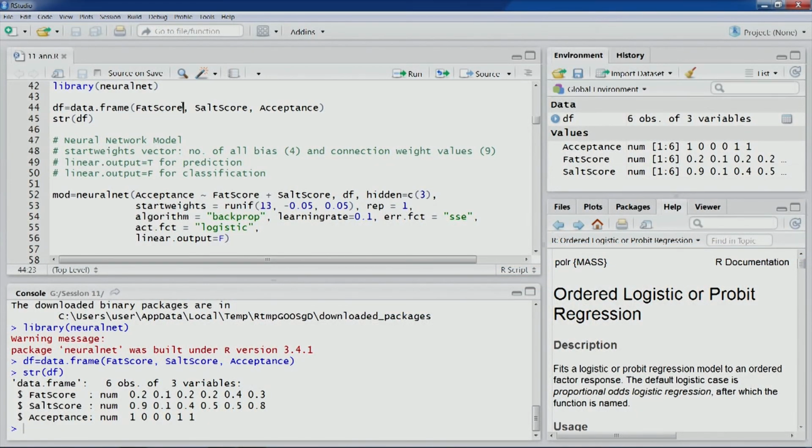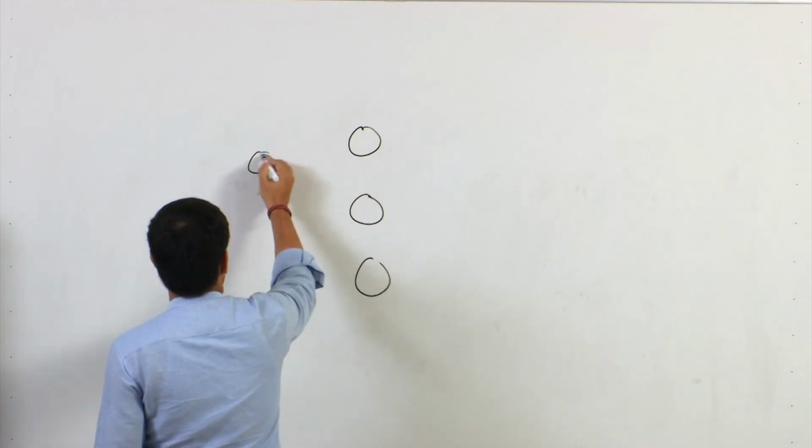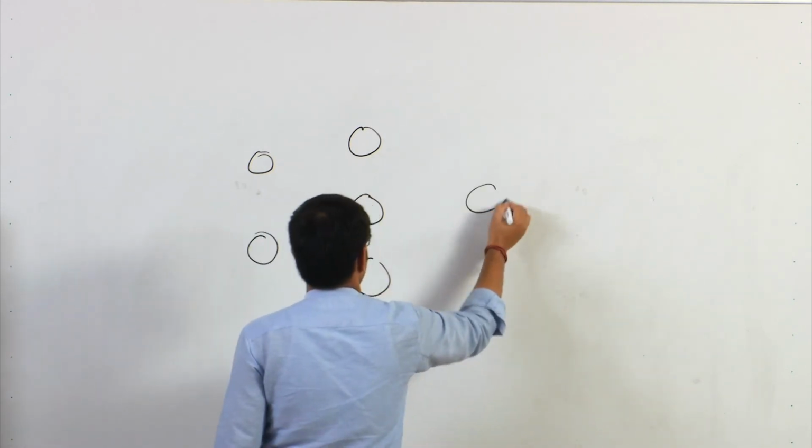The same data frame that you can see we are going to use, 6 observations, 3 variables. The particular neural network architecture that we are going to use is the same that we had used in previous lectures. This was the architecture for this particular example.